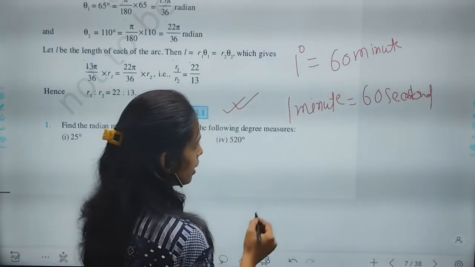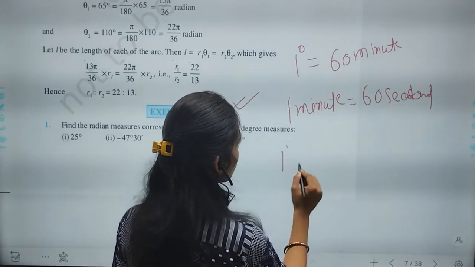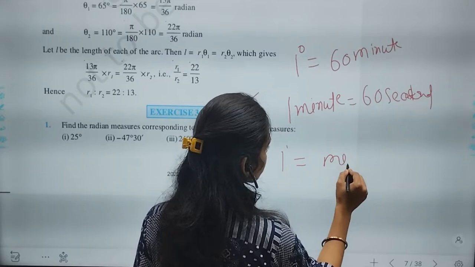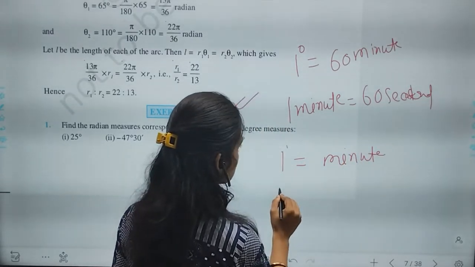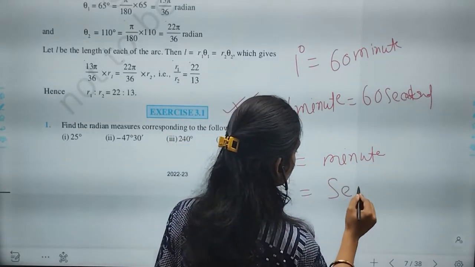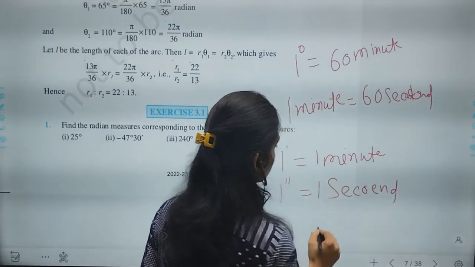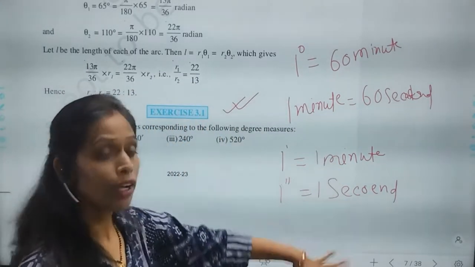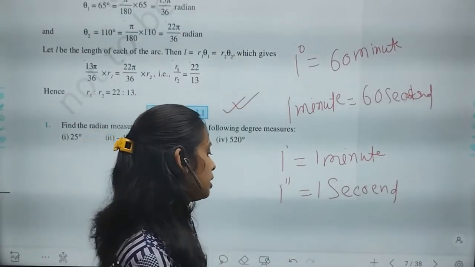This is how we write 1 minute and this is 1 second. This is the way to represent minutes and seconds accordingly.